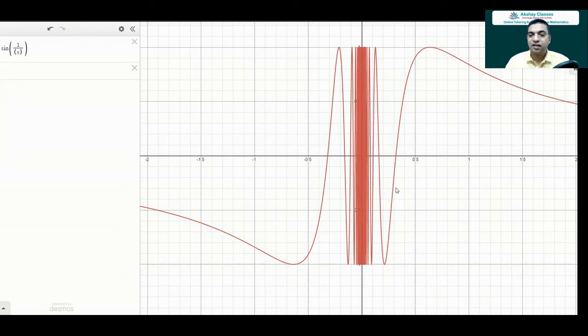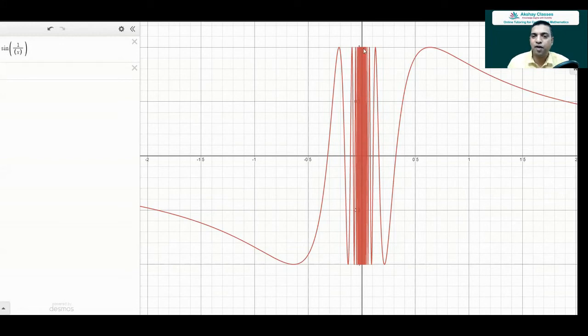Now, if we apply the normal logic, x is approaching 0 from the right. What does sine 1 by x, my function, approach? Where will it approach? I don't know. I cannot say, because it is oscillating so fast at that particular point.